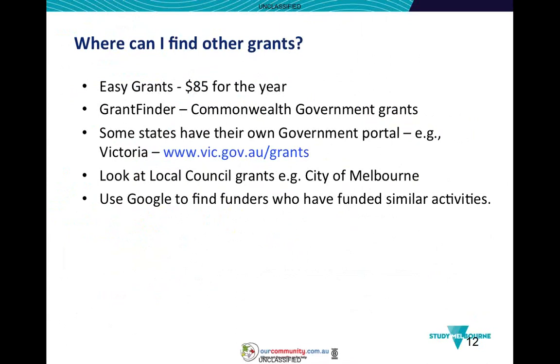It's going to be, we've just received a grant for this from X, Y, and Z. So that's the language you'll use in the Google search term: funding received for X, grant received for X. You can see that the language is differing, and what you might find is a funder that already funds similar activities that you're wanting to seek funding for. It just saves you going through a lot of newsletters, so that might be another opportunity for you.